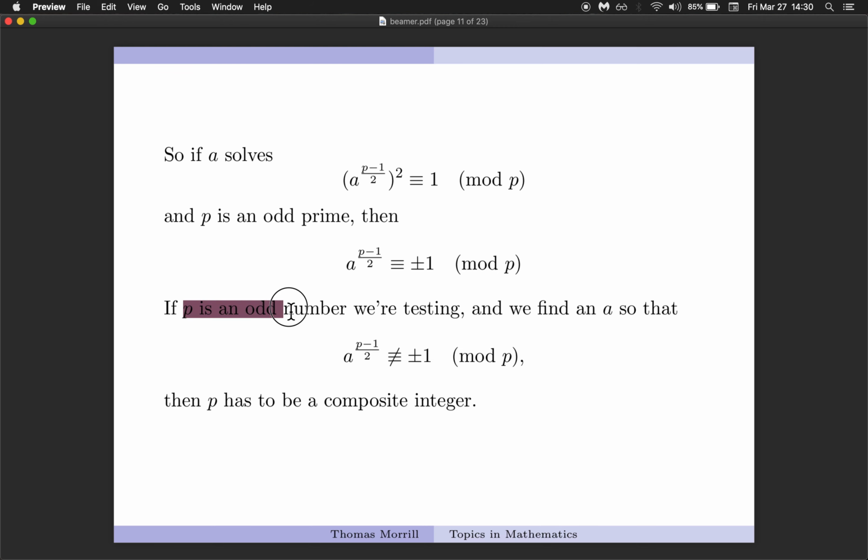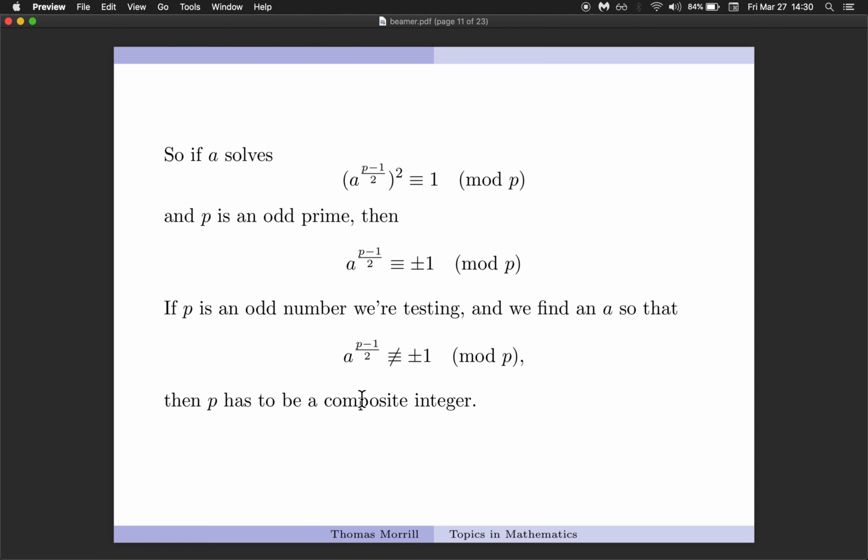So if p is some random odd number that we're testing, and we find an a where a to this power is not plus or minus 1, but it does solve the congruence a to the power p take 1 is congruent to 1, that means the residue a has given us information that p is actually composite.